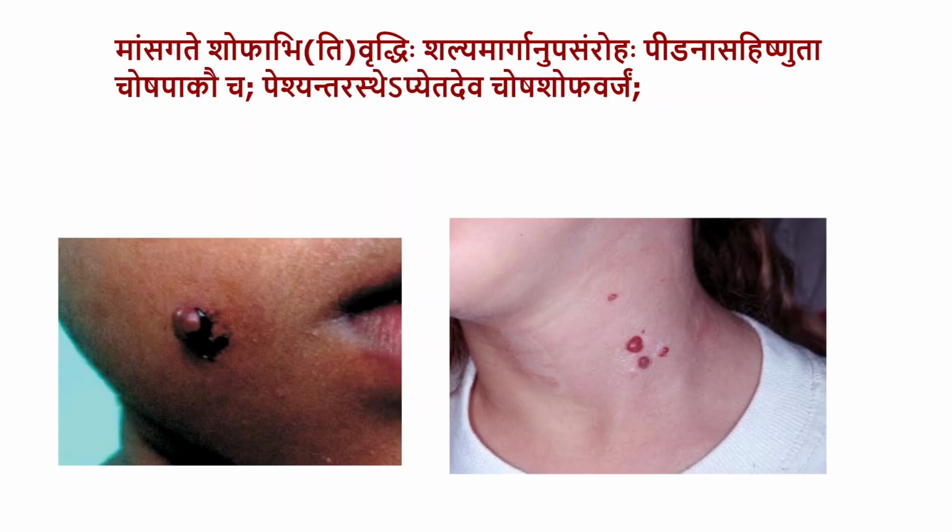It may look like the wound has apparently healed, but there is one track left over. The surrounding inflammation seems to be reduced after treatment of the wound, but a track is left over. That's always a suspicion of a deeper involvement. Pidana asahisnuta is tenderness present over there, and chosha pakoja, persistent suppuration, could be the other features.